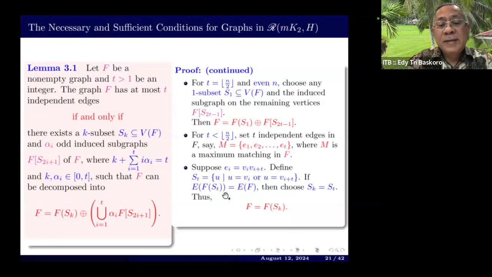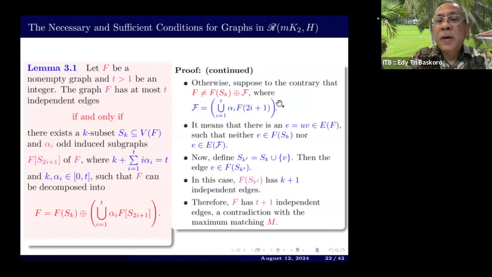Then if all edges of F are in the induced subgraph by S_T, then we have this decomposition. Otherwise, suppose to the contrary that F is not equal to this decomposition, it means that we have an edge in F that is not in the induced subgraph by S_T and also not in the union.